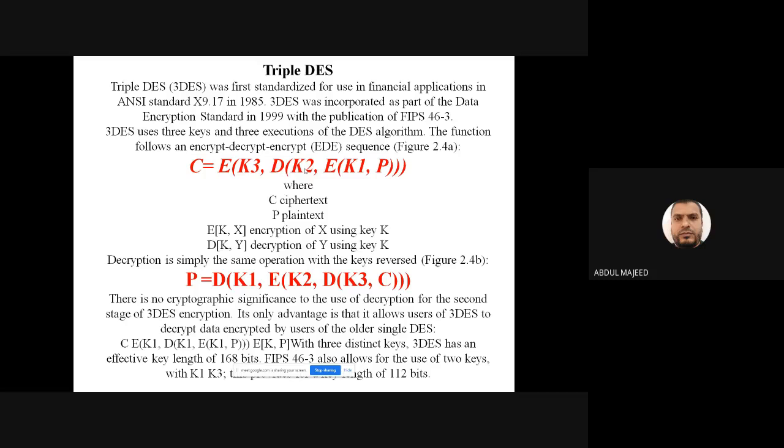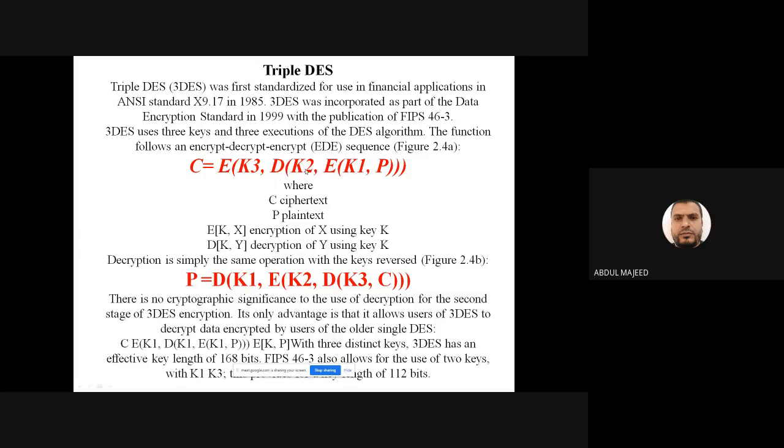Then in the second stage we are decrypting the output we got from the encryption process, with the help of the key K2. Again it will generate some output, that is the decrypted text.